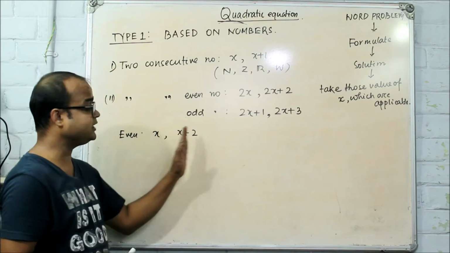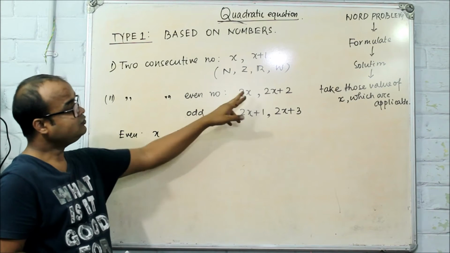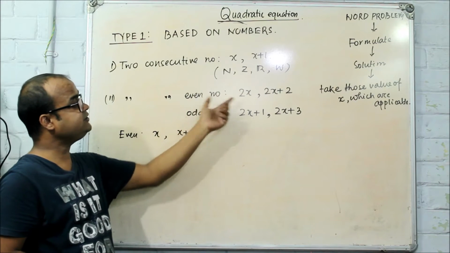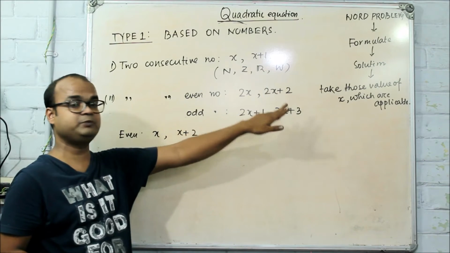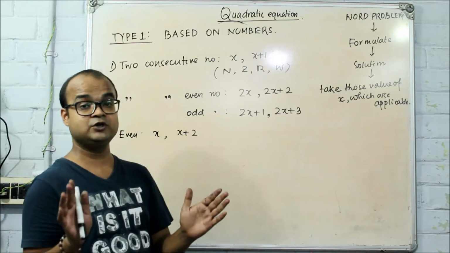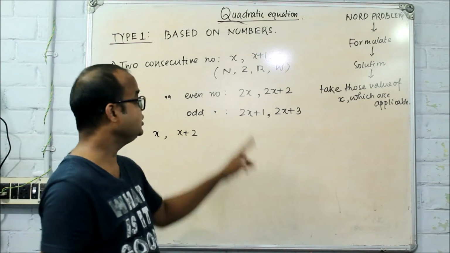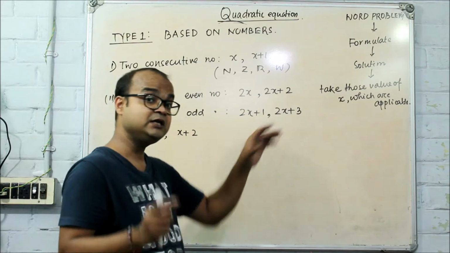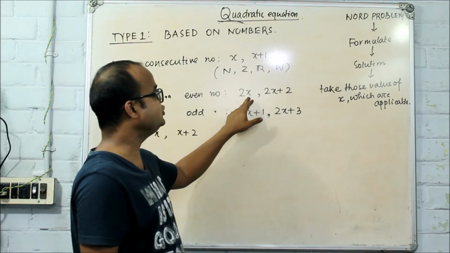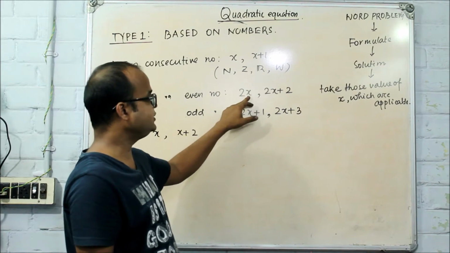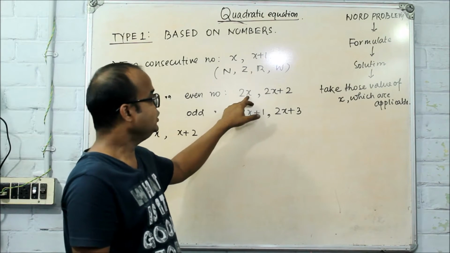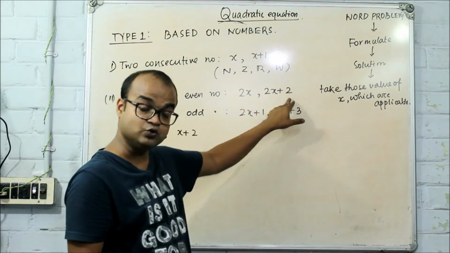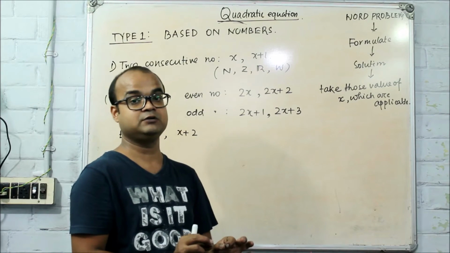Then you get 1 and 3. Now if you consider the even numbers as 2x and 2x plus 2, whatever the value of x, you always land yourself on an even number. If it is 0, 1, 2, 3, 2x and 2x plus 2 will always be even numbers.